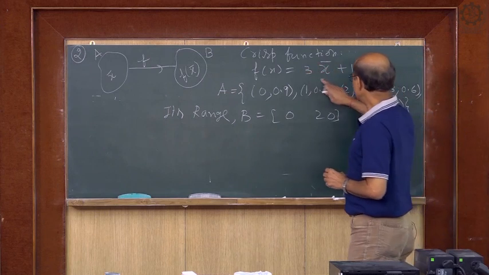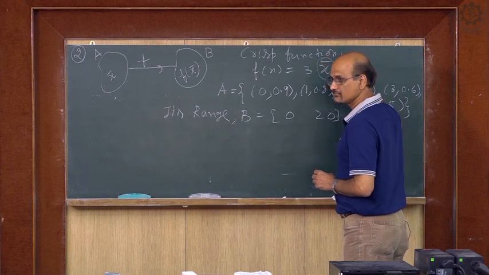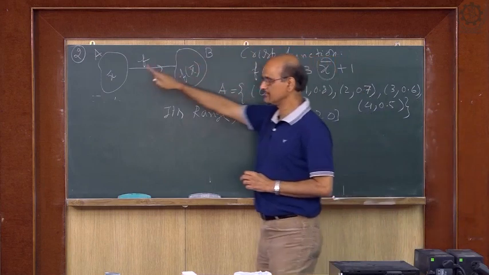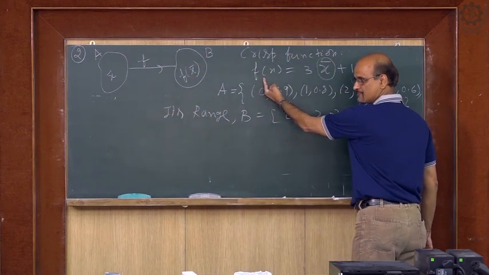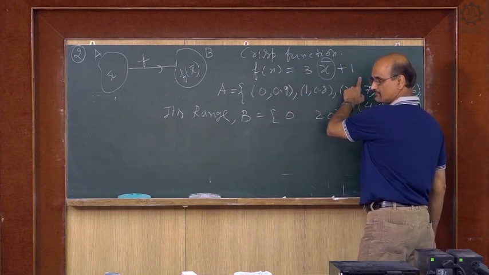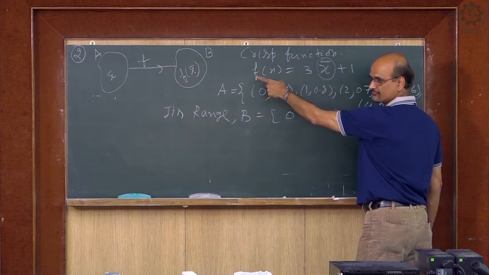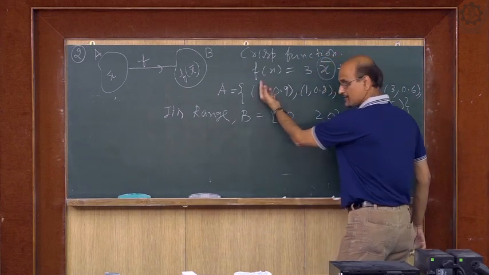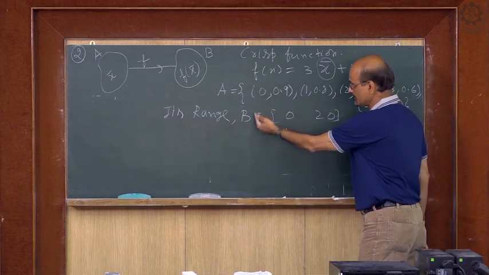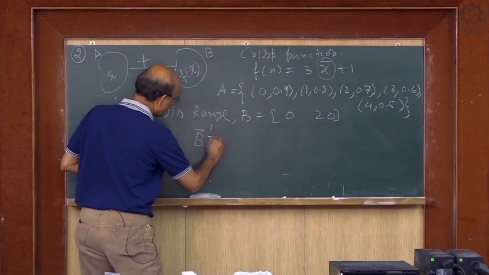I have an element x bar in A which is ambiguous, and I have the crisp function f, which is 3x bar plus 1. This propagates that fuzziness to B, so I can have the propagated fuzzy set B bar dash.